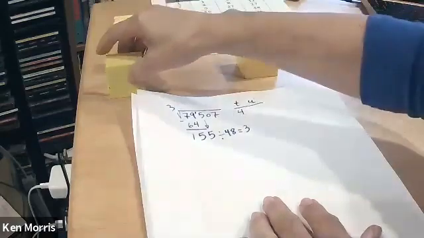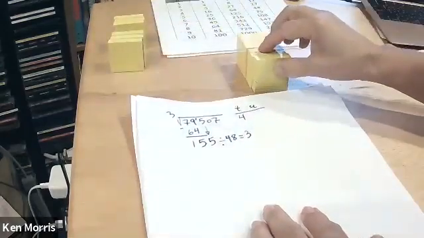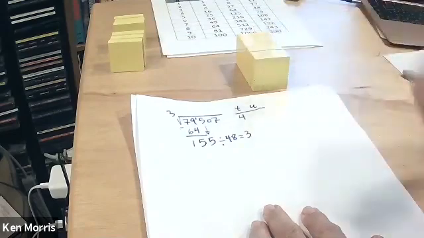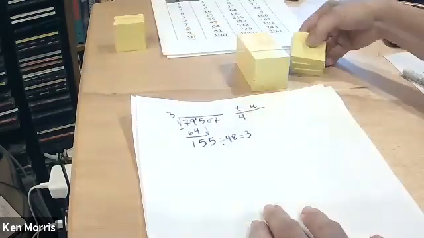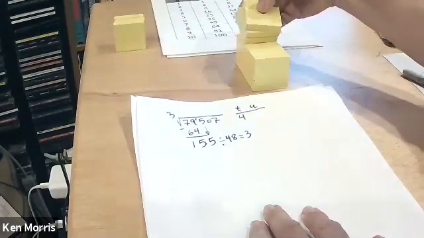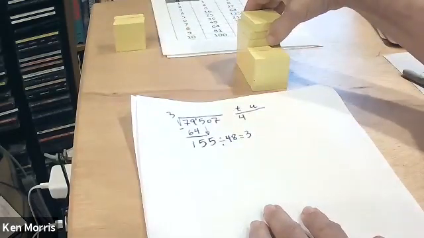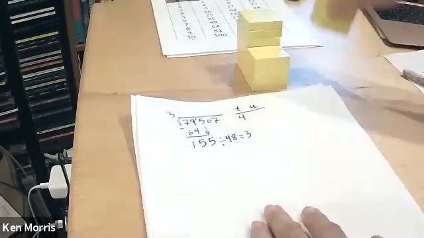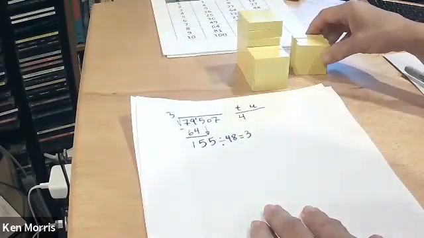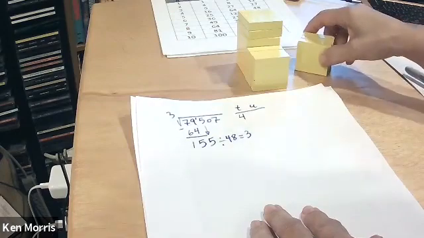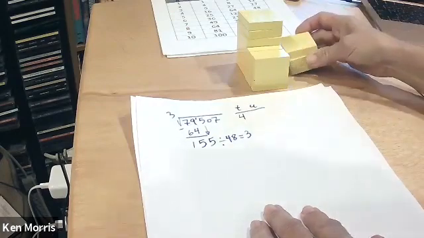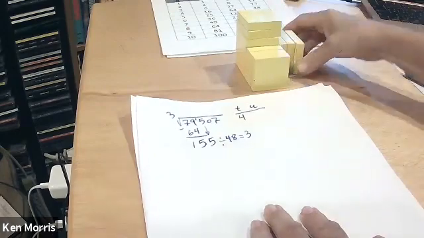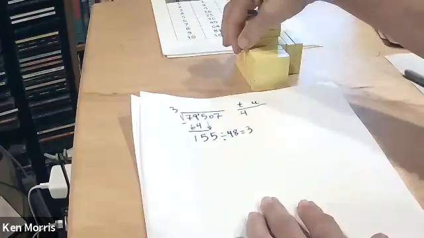So here's my first layer of 3 4 squared. Here is my second layer of 3 4 squared. And then I have my final layer this way of 3 4 squared.